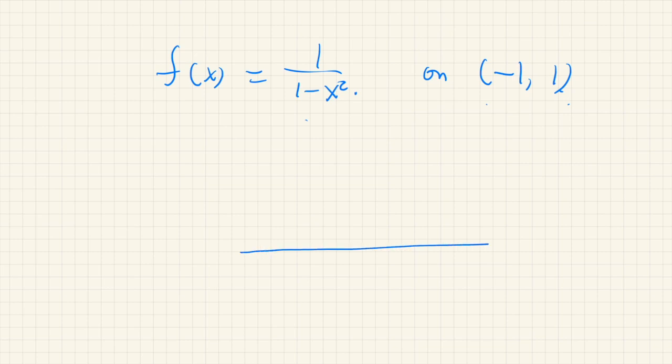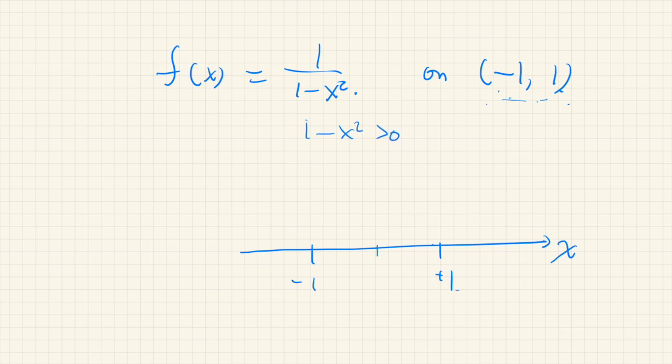Let's see. It's between -1 and +1. Let's say this is -1, then somewhere here is +1. When x is between these values, 1 minus x squared is positive.